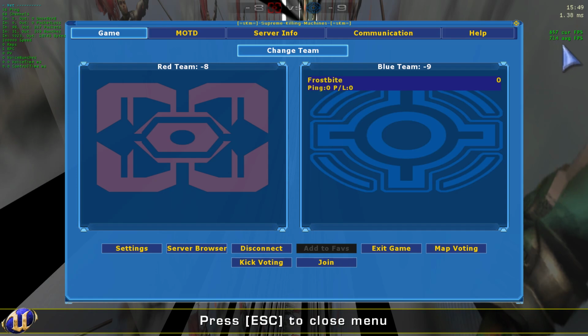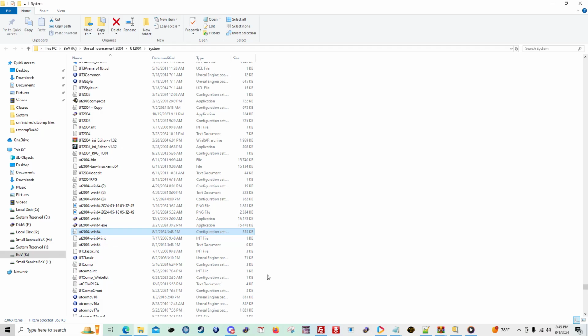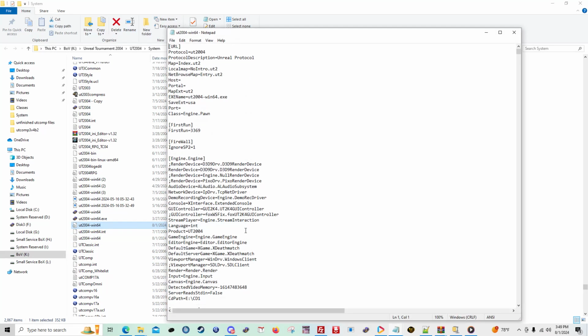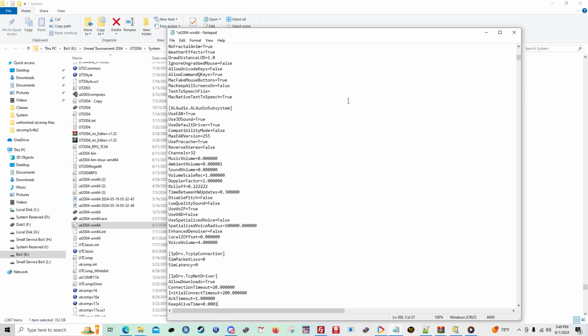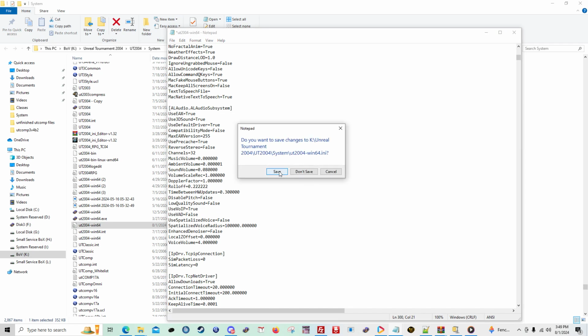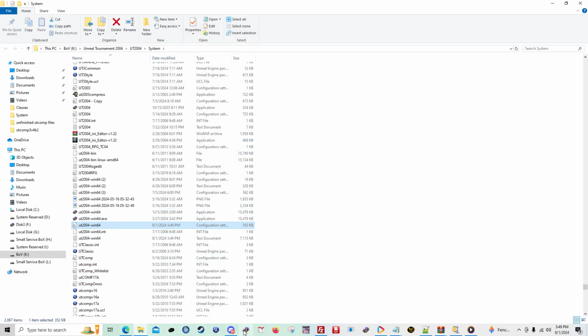So whatever frame rate your computer runs the best at, everybody has a different frame rate based on their hardware and their internet connection, but whatever frame rate you find comfortable with your machine, you want to set your keep alive time to 0.0001. This will make your out packets be synced up with your frame rate. That way the data you're seeing on your screen is the same data that is being sent to the server.